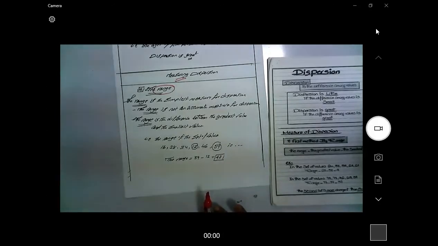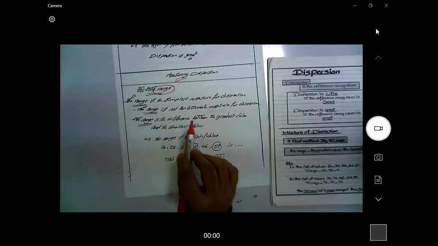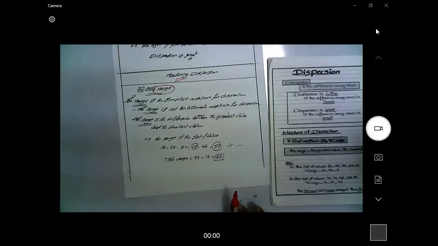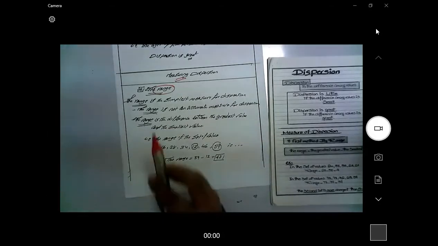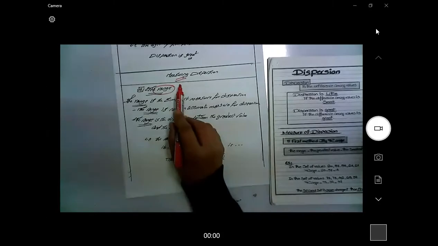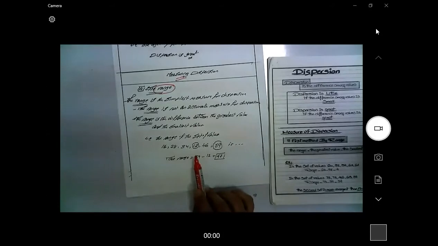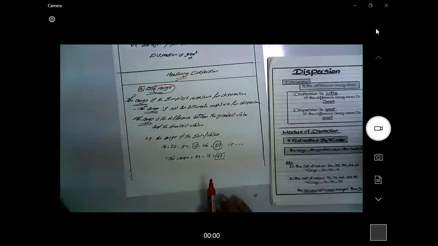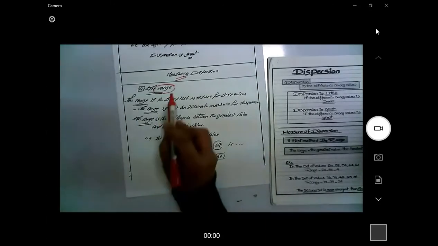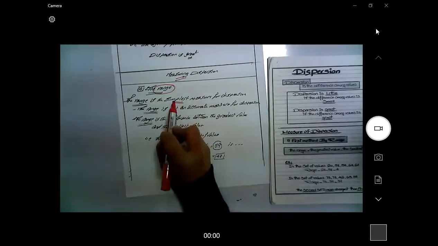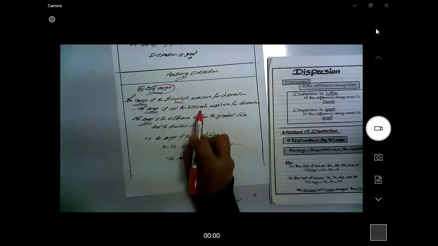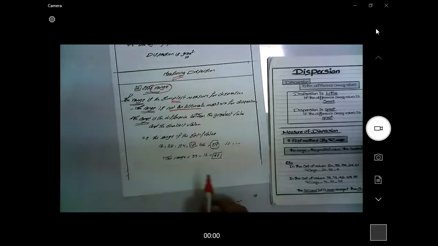Again, the range is the difference between the greatest value and the smallest value, so the range equals 47. We have to know that the range is the simplest measure for dispersion, but it's not an accurate measure.